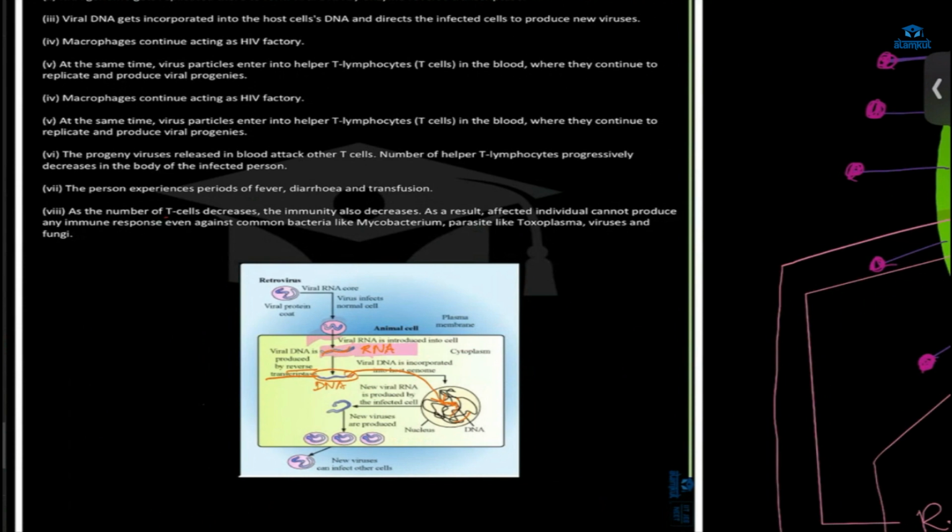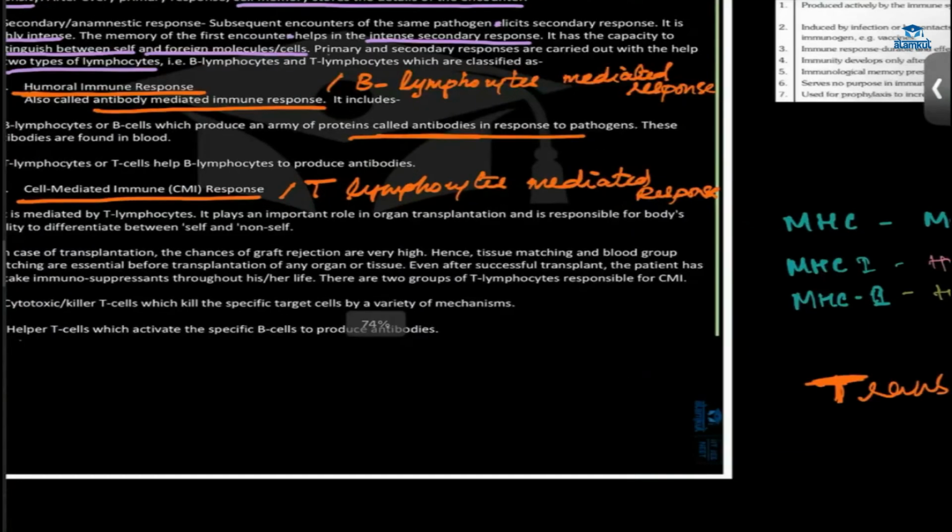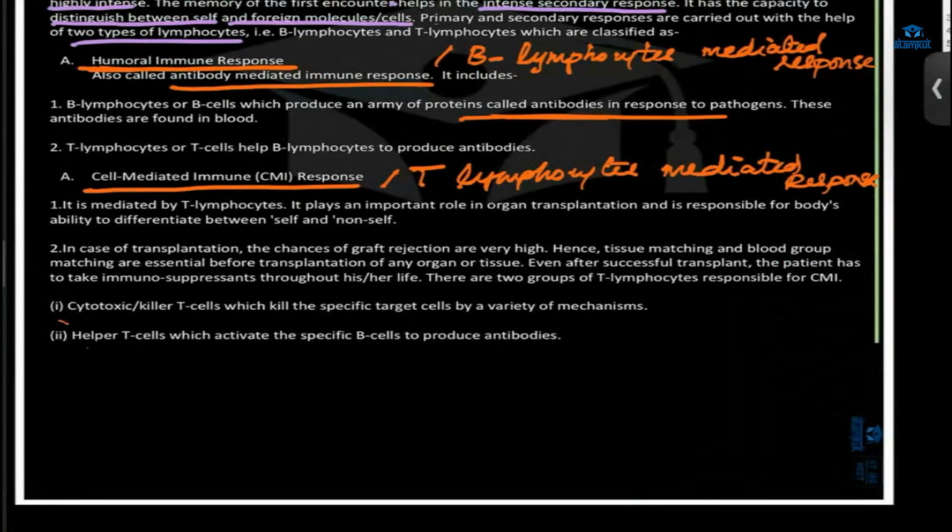There were two things, right? One was the cytotoxic cell, which will kill the specific target. The other one was the helper cell, and the HIV will infect the helper cell, right?